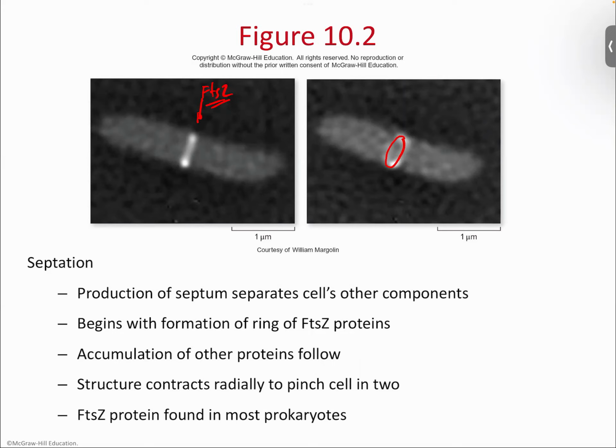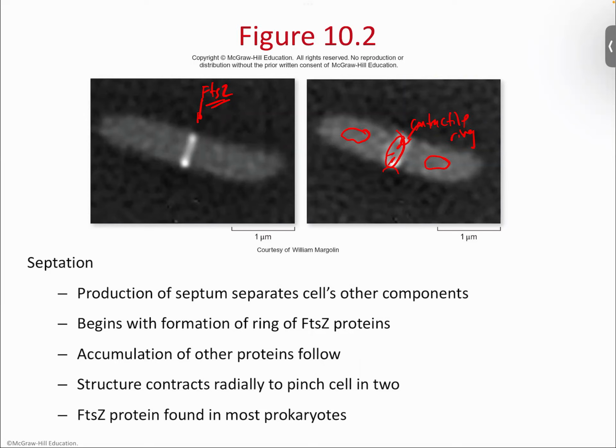It's a contractile ring, and it'll start to cinch down. As it cinches down, it takes the membrane with it and pinches it apart into two cells. Then you have your DNA on one side, your DNA on the other side, and you've created two separate cells.